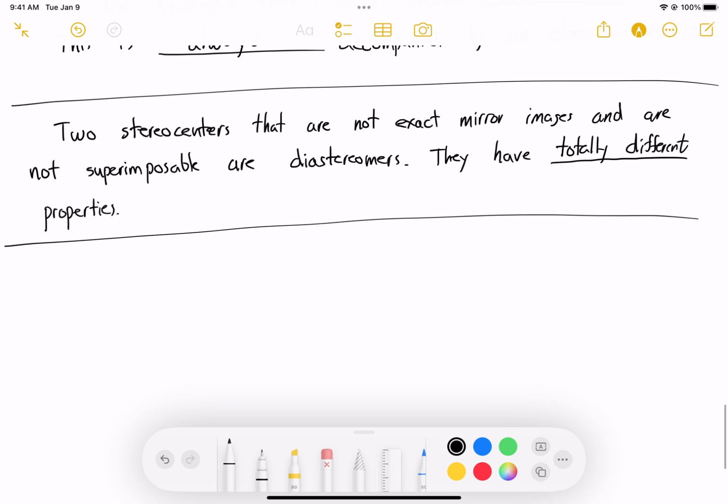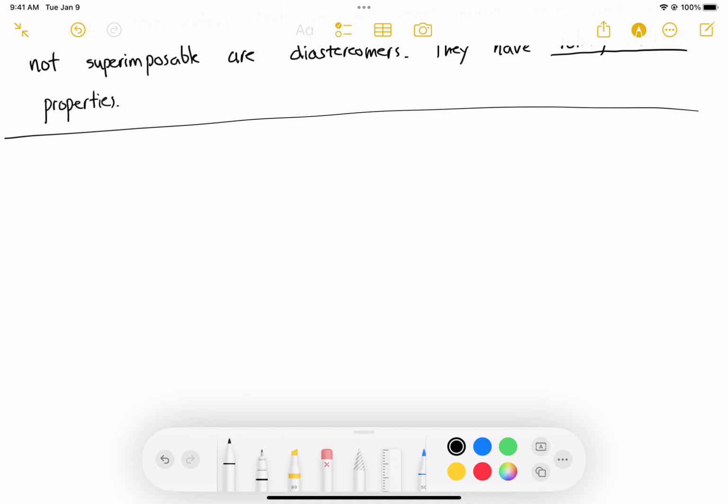All right, let's move on here. All right, so let's talk about leaving groupability.